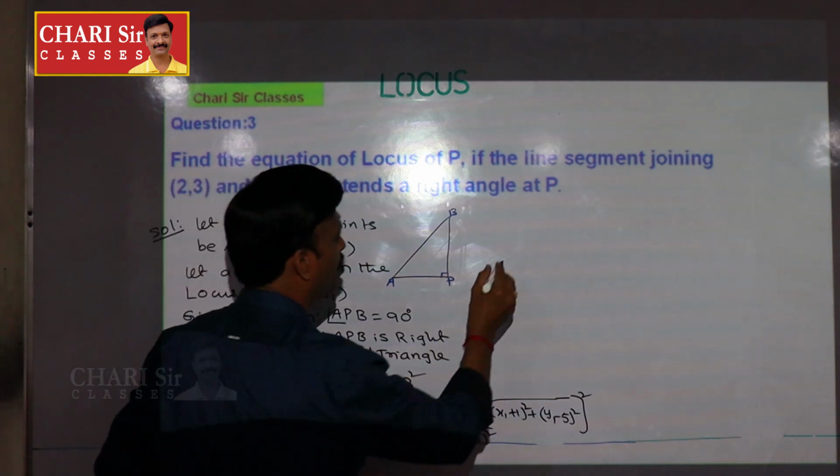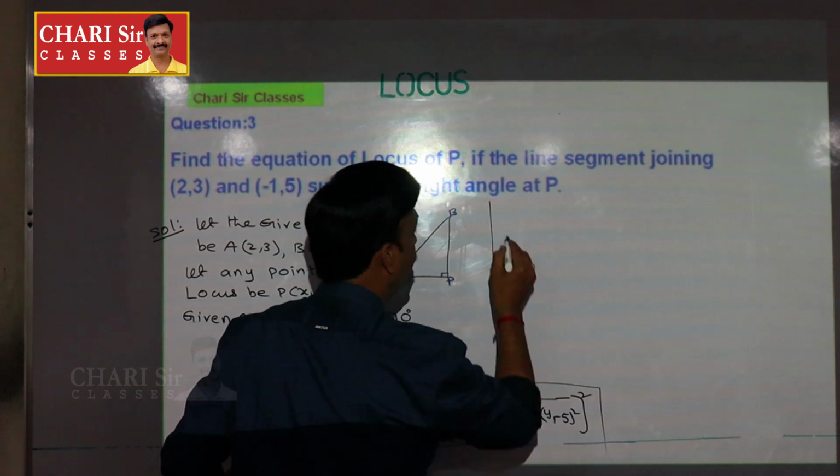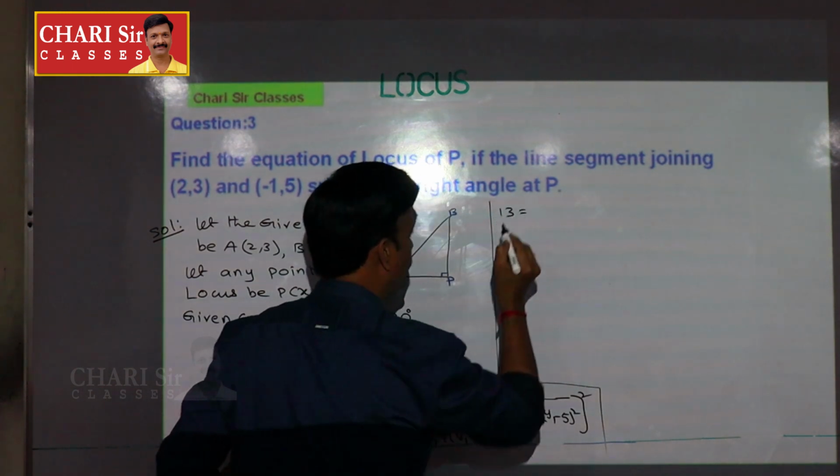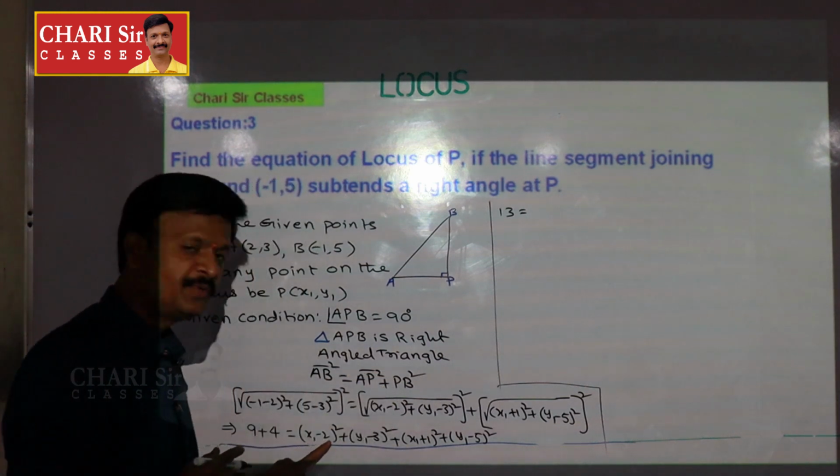Now 9 plus 4, which is nothing but 13, is equal to (x1 - 2) whole square, which is a minus b whole square form.